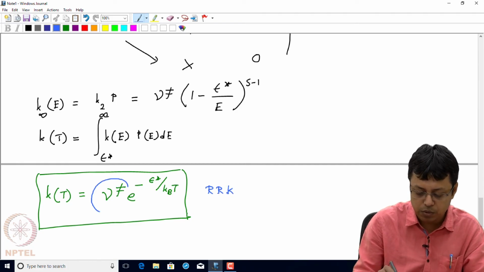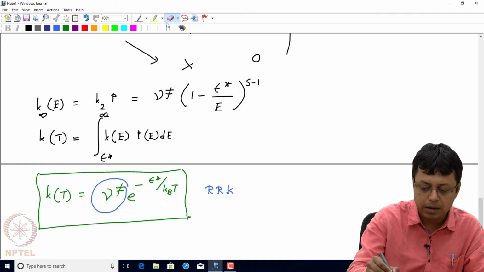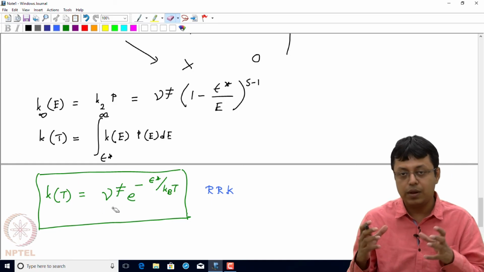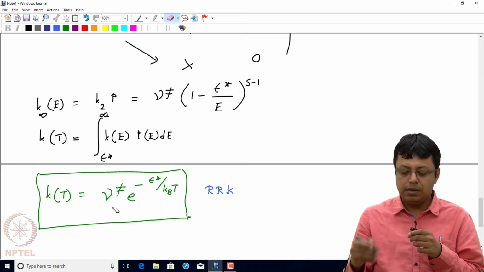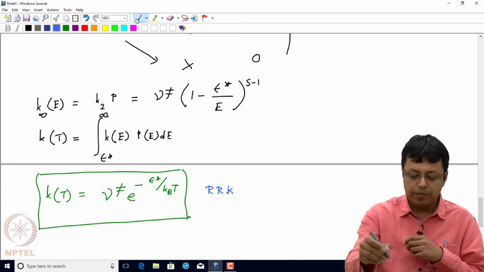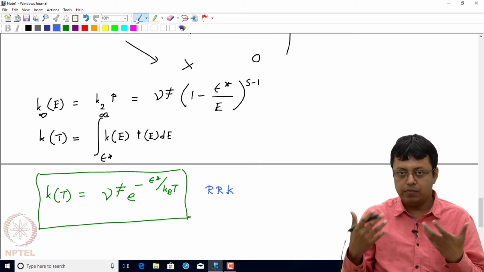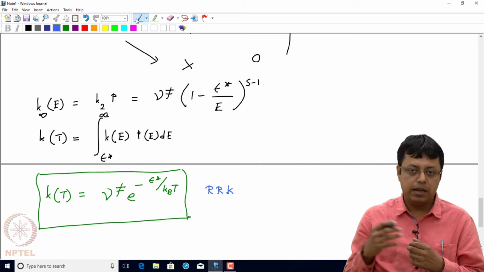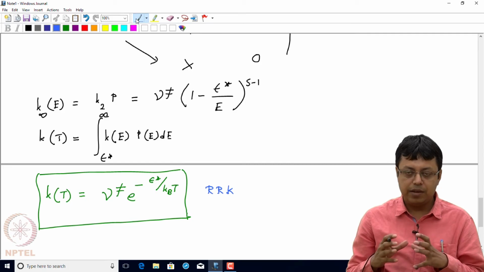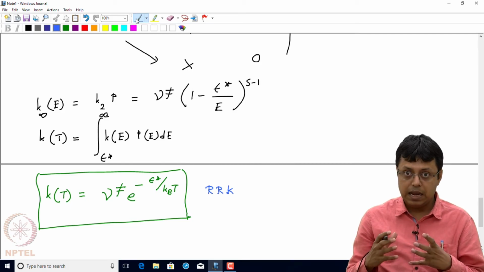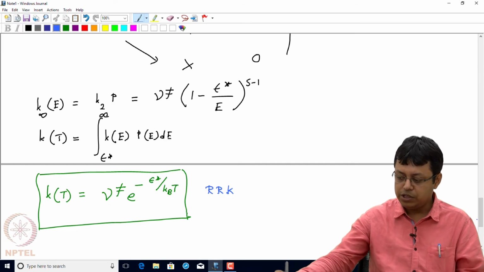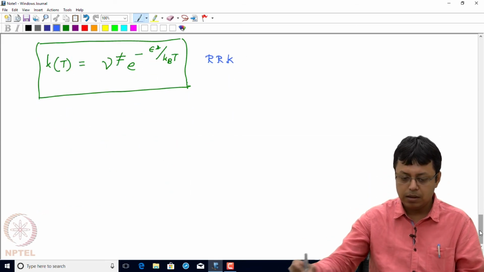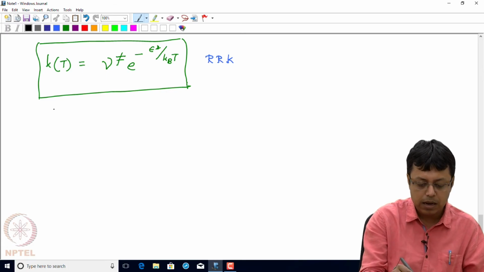Remember, there was k2 here, and here they are saying no, it's not the collision theory itself. It is basically the number of vibrations, or the vibrational frequency, times the energy criteria, and that is giving you the RRK rate constant.